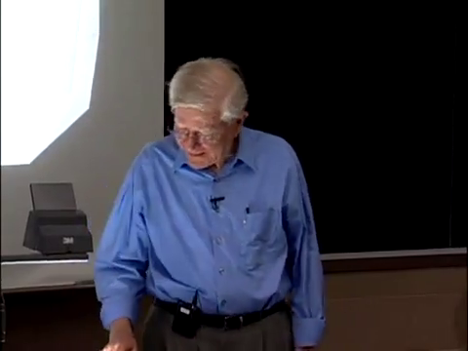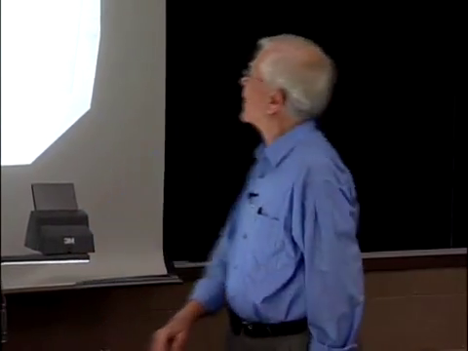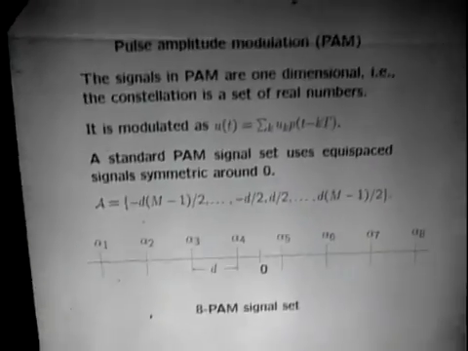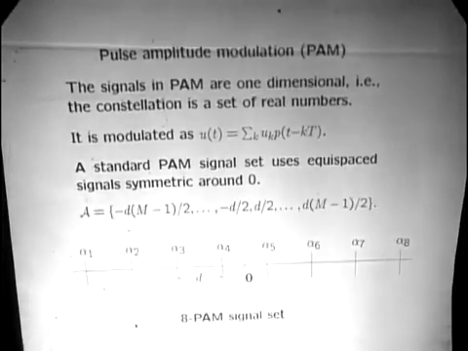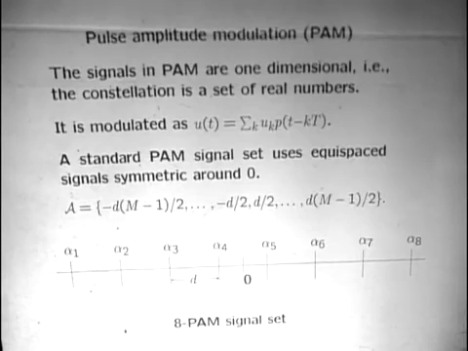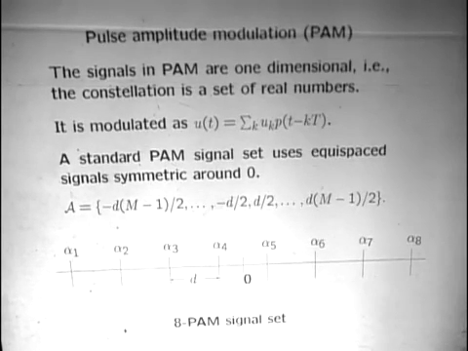Okay, so anyway, that's all we need for this simple example. We now want to go into more complicated things. Okay, pulse amplitude modulation. This is one of the major ways of turning bits into signals and then turning the signals into waveforms again.